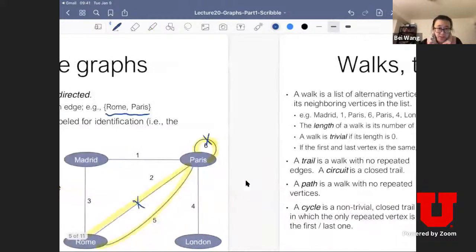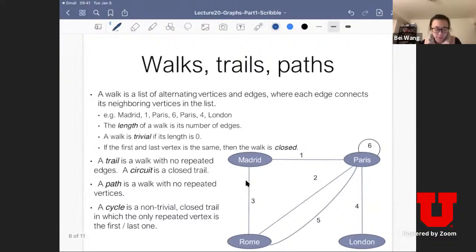Next, which we are going to see again in part 2 of this lecture, is the concept of walks, trails, and paths. Let's start with the concept of a walk. A walk is a list of alternating vertices and edges where each edge connects its neighboring vertices in the list.